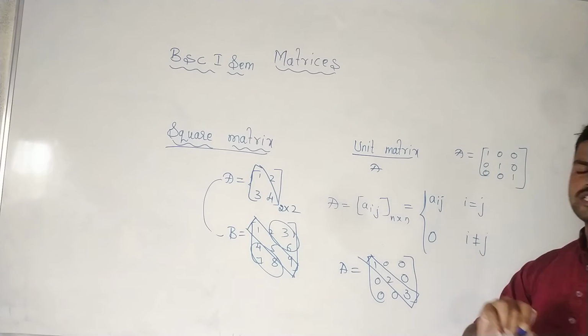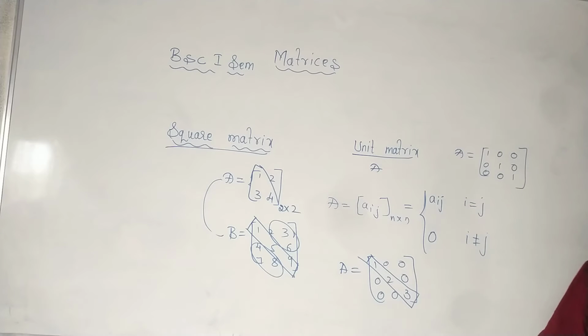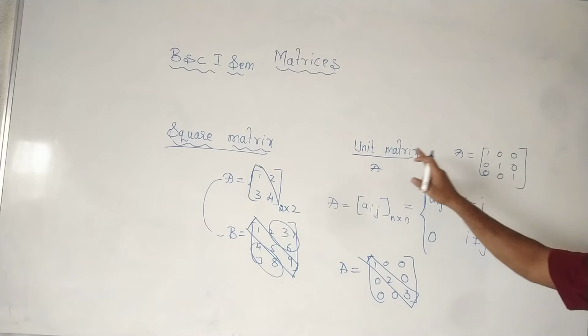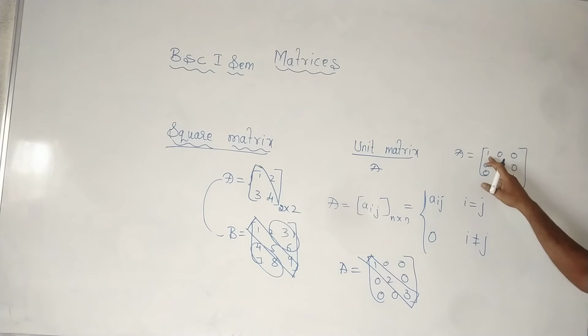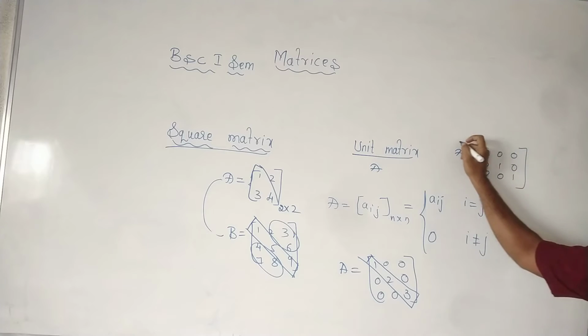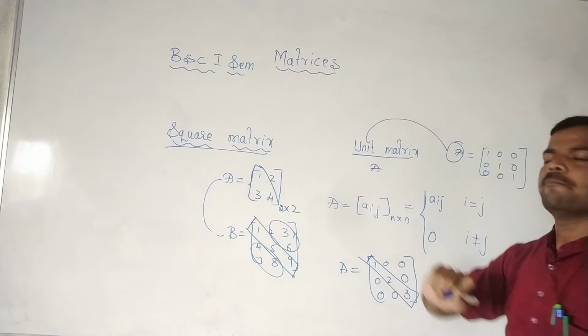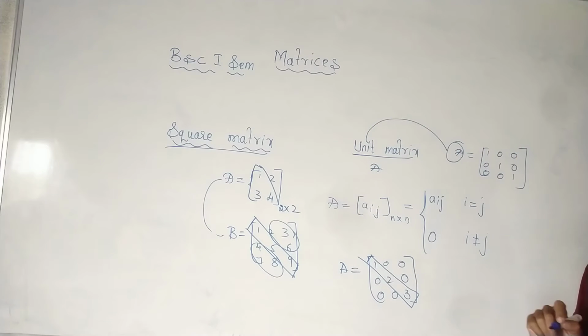A matrix A is said to be a unit matrix if and only if it is a diagonal matrix whose diagonal elements are unity.